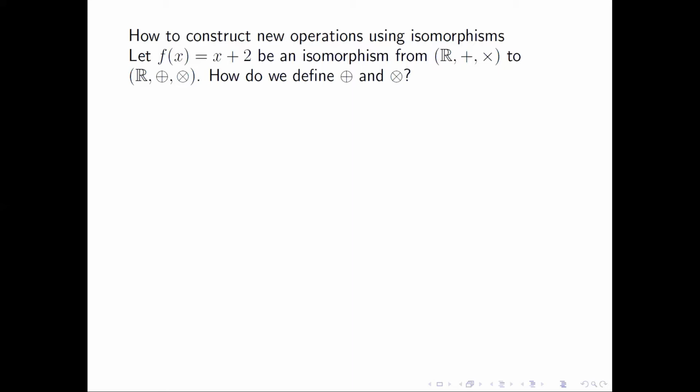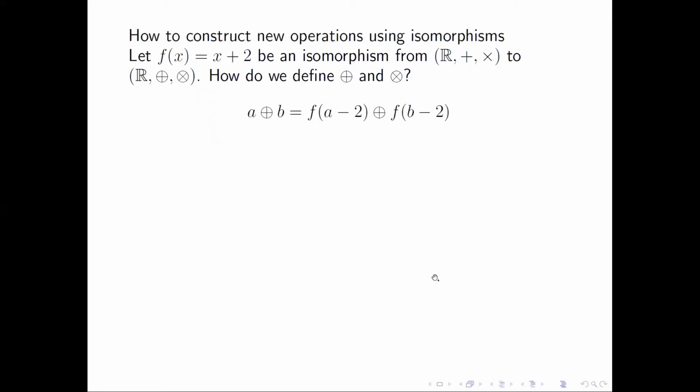I pretend I don't know the definition of circled plus and circled multiplication. Then what should circled plus and circled multiplication be? How do we define them? This is a natural question.